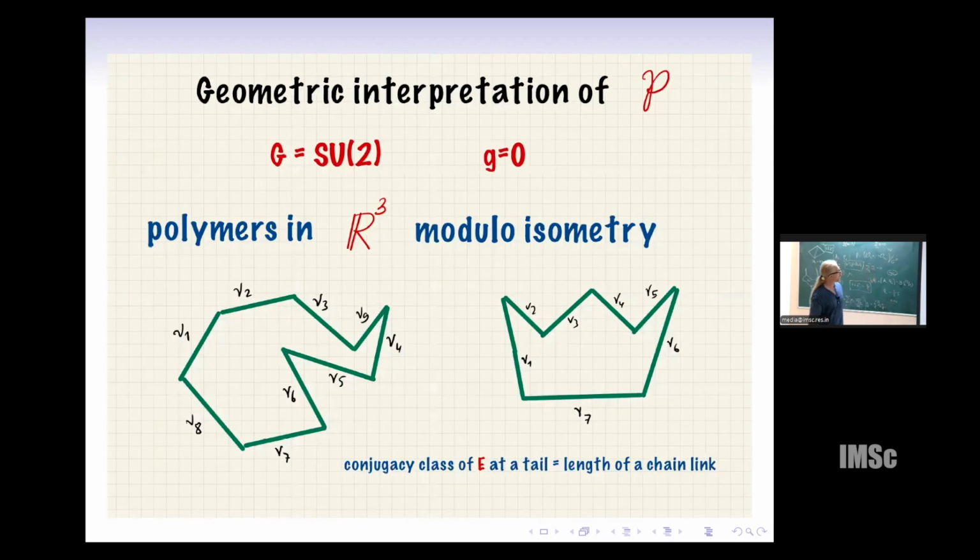So now we can go back to the geometric interpretation of this phase space. And so what is it? In the case of G equals 0, my graph is just a trivalent tree with n tails.